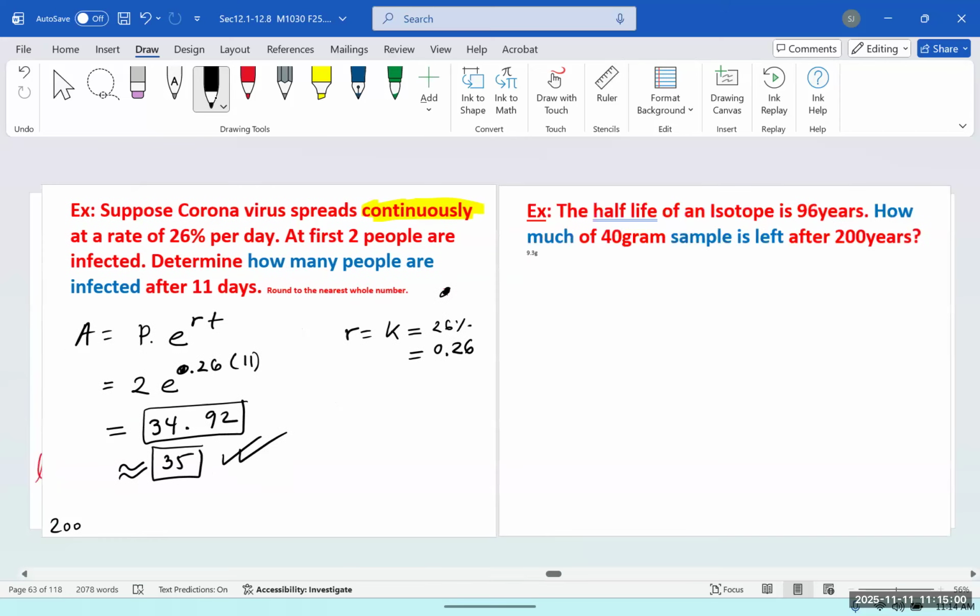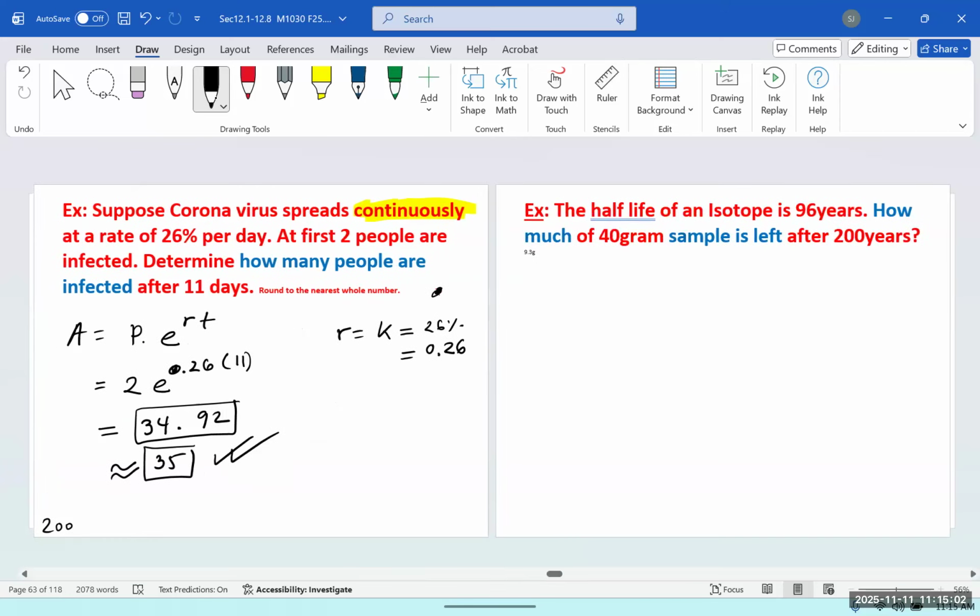Okay, let's see one more question. Half-life. The half-life of an isotope is 96 years. That means if today it's 1 gram, after 96 years it will be 1/2 gram. This is what half-life means.